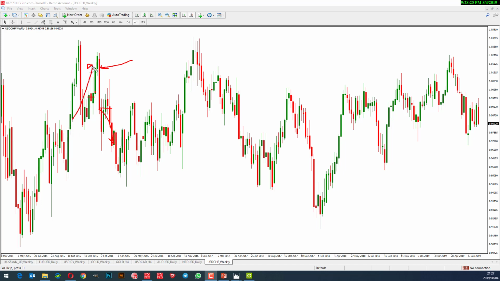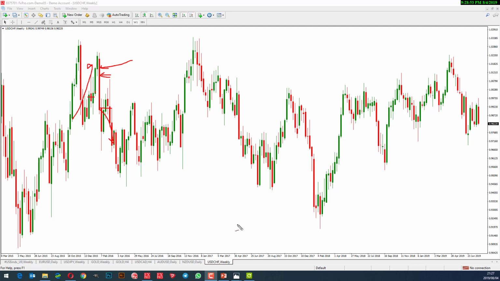The engulfing candle is a very powerful tool. The bullish engulfing candle is a very powerful tool that you can use in conjunction with supply and demand. So what I would like you guys in my mentorship group to do is practice on the charts.